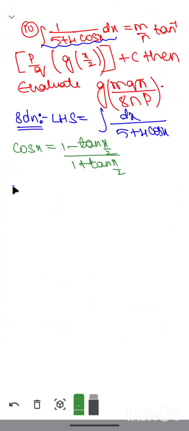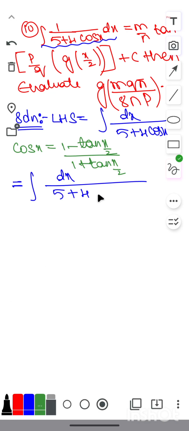That is integration of dx whole divided by 5 plus 4 times the value of cos x, which I am writing in terms of tan, that is 1 minus tan square x by 2 whole divided by 1 plus tan square x by 2.